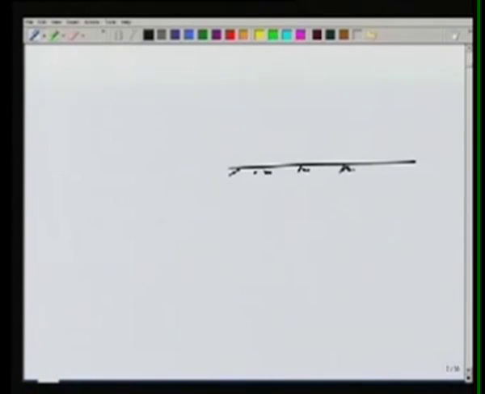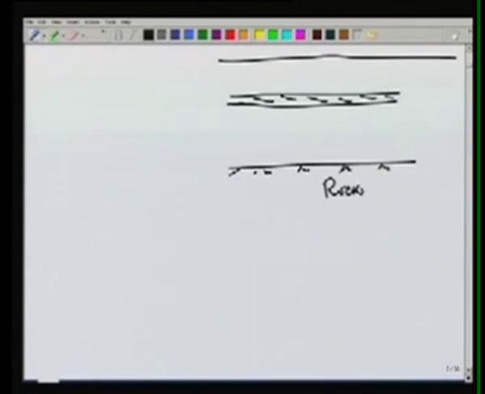So we have an impermeable bottom here, which is typically rock. Then we have a confining layer, which is another impervious layer, the ground level, and this confined aquifer has a thickness of b.